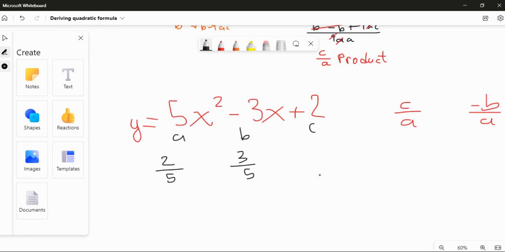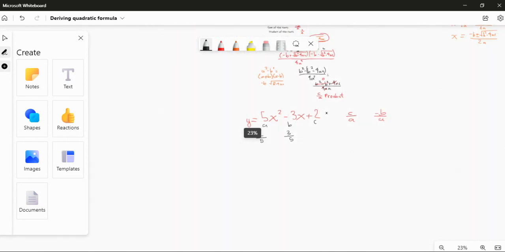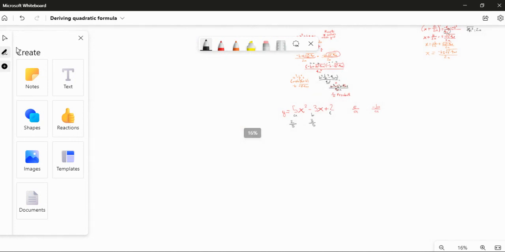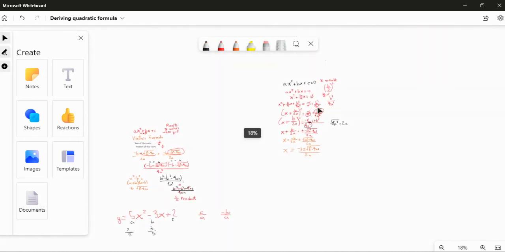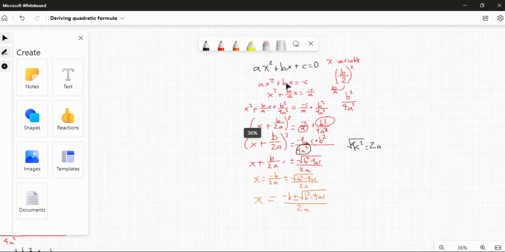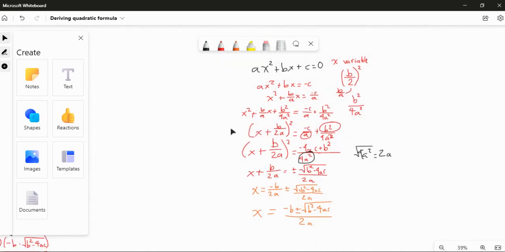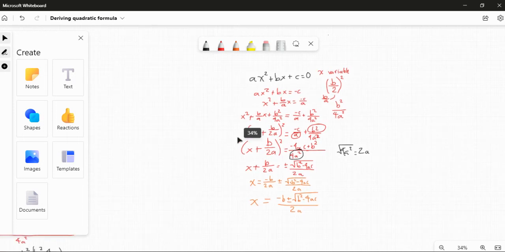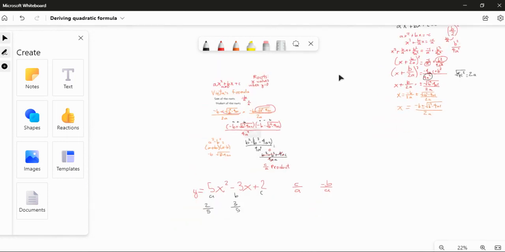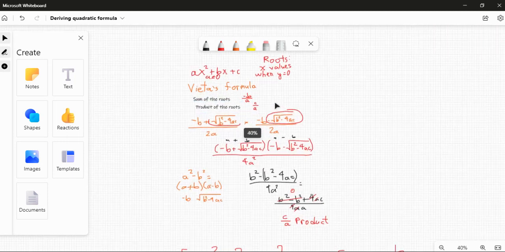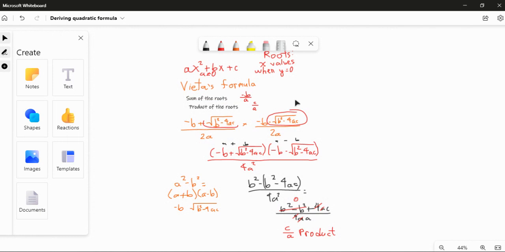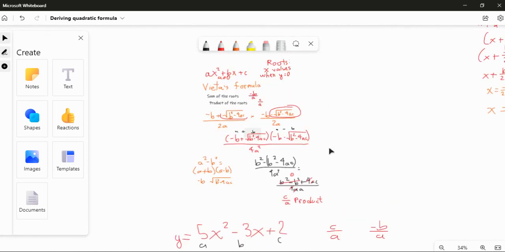And yeah, so we'll quickly recap on this video. First we know the quadratic equation, and then we solved for x, which led us to the famous quadratic formula. And then here we talked about Vieta's formulas, which are the sum and product of the roots, and we also proved why it works.